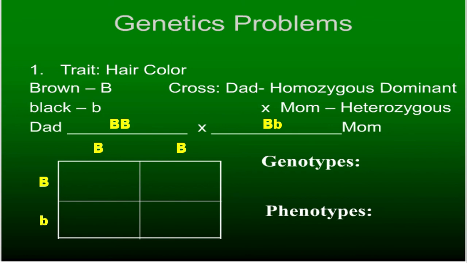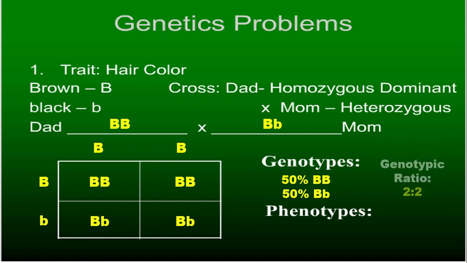If we combine the first box, we can see that the resulting pair would be homozygous dominant. The second pair would again be homozygous dominant. The third result would be heterozygous, and so was the last one. So as for the genotypes, there should be 50% homozygous dominant and 50% heterozygous.